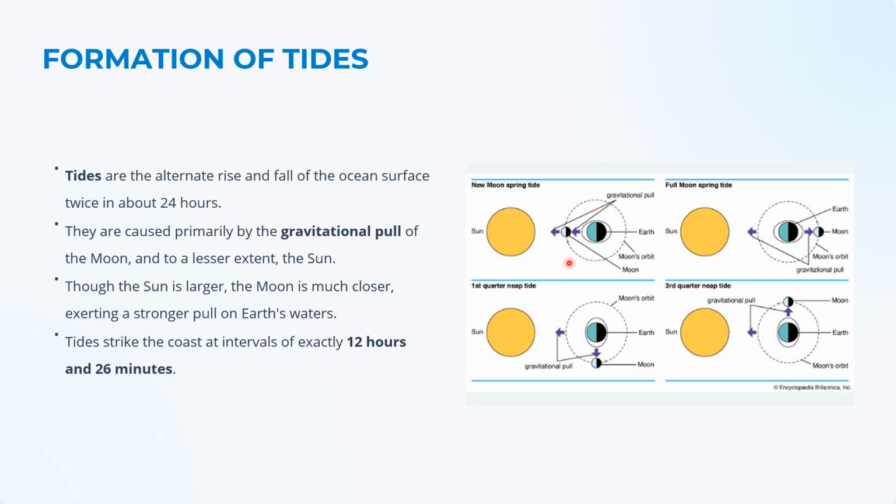So here is a high tide, here is a low tide, here is a high tide, and along this north and south part, in this particular time, they are experiencing low tides, right? And this is for new moon, just during amavasya we say, right.